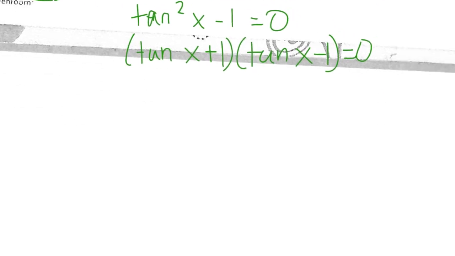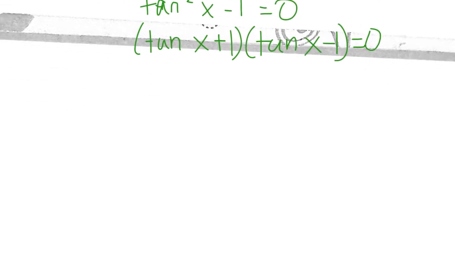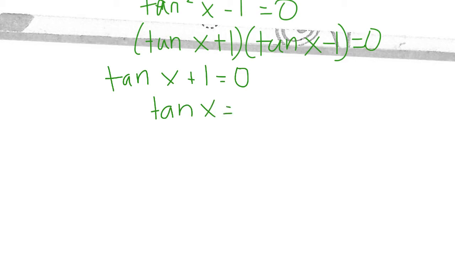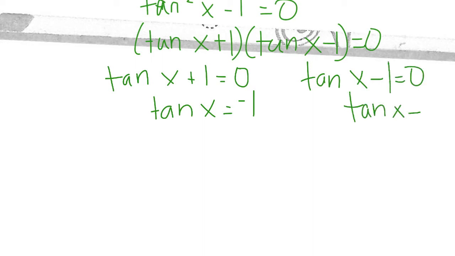Well, if I look at that, the tan of x plus 1 equals 0, so the tan of x will just equal negative 1. The tan of x minus 1 equals 0, so tan of x will equal positive 1.